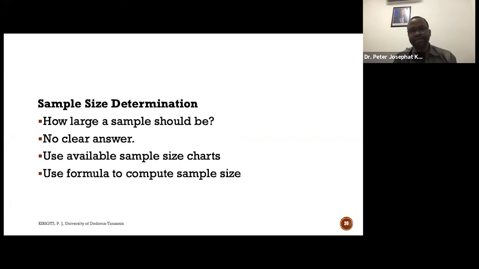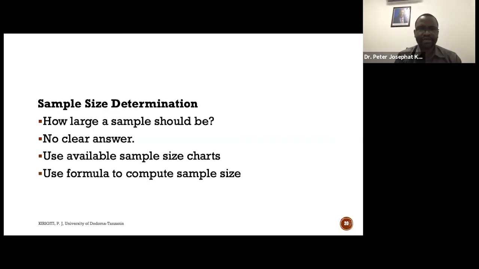What is the researcher's tolerance for making an error? What about the accuracy? What about the precision? What about the economic factor? All these issues are considered to determine a sample size for a survey.